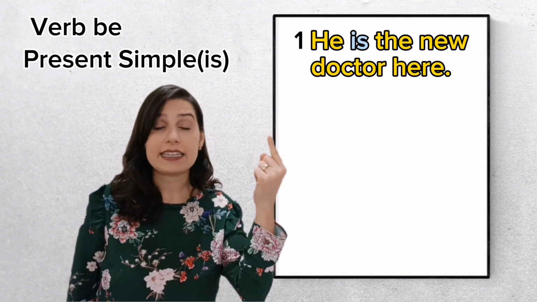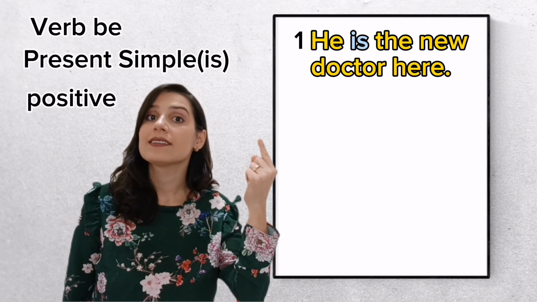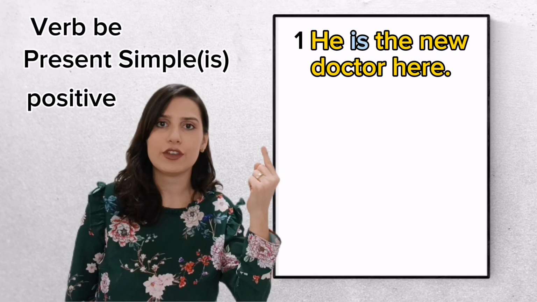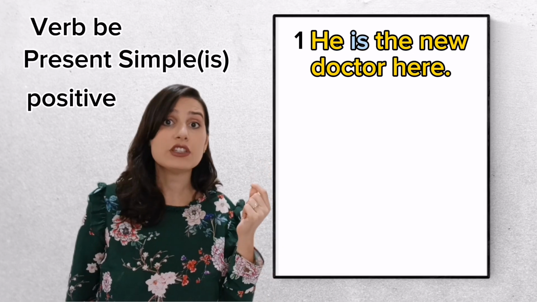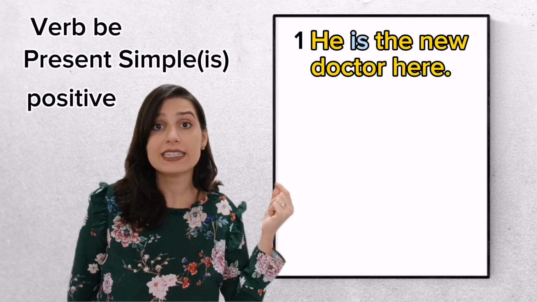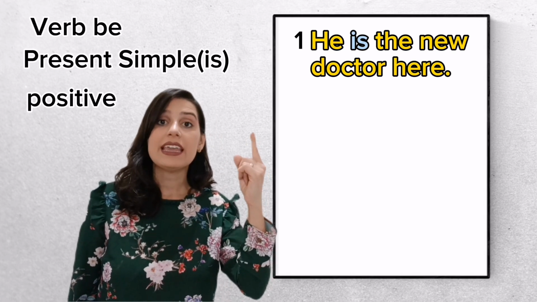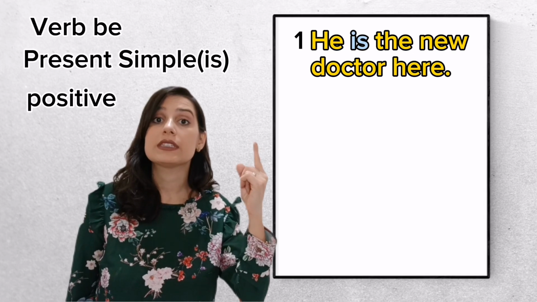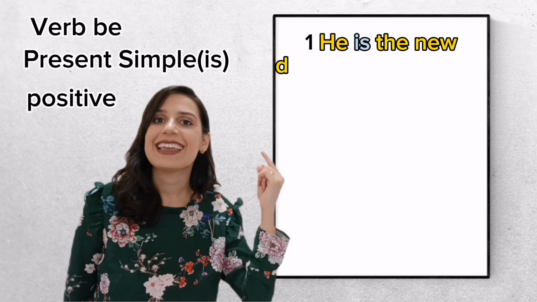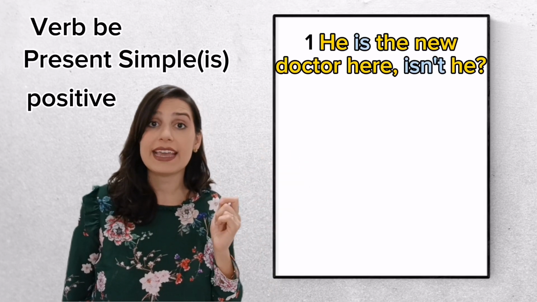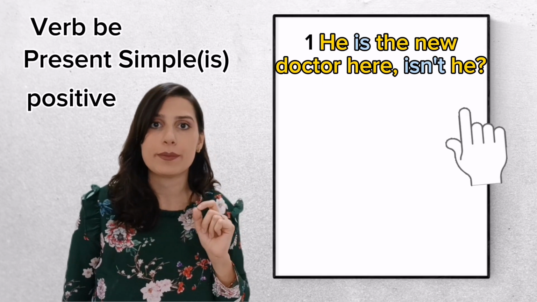And the main statement, verb be, is positive. Very good. So the main statement is positive. That's why in the tag question, it should be negative. So, he is the new doctor here, isn't he? Don't forget that we need to add a pronoun after the helping verb.